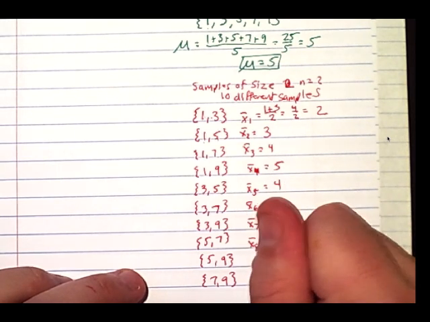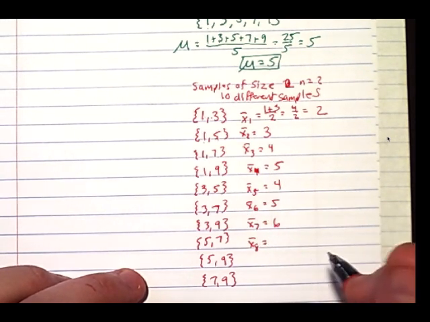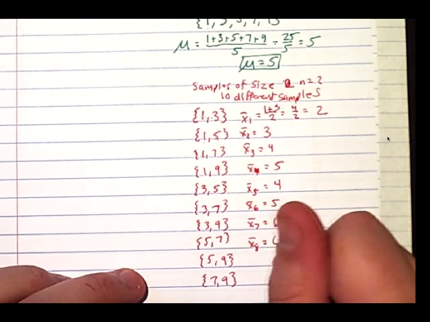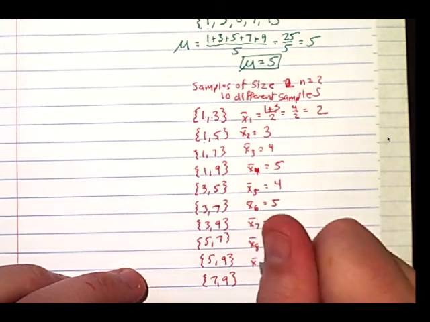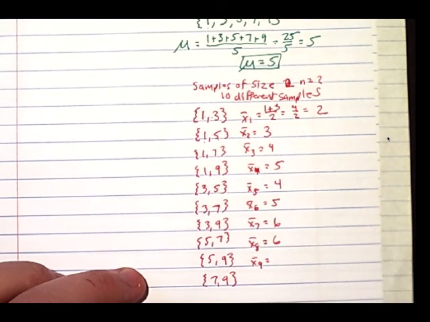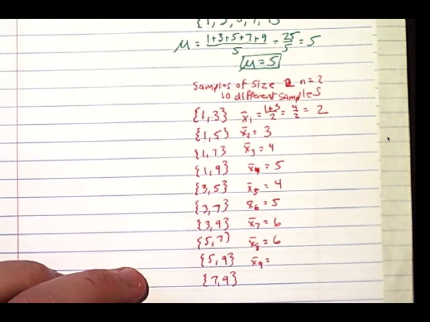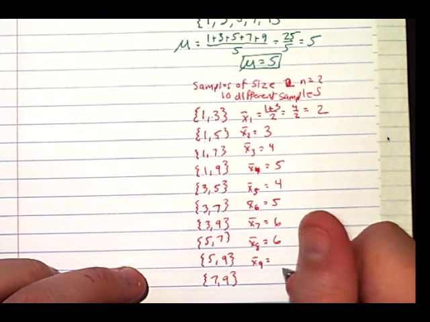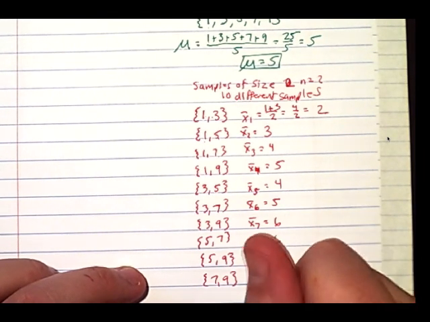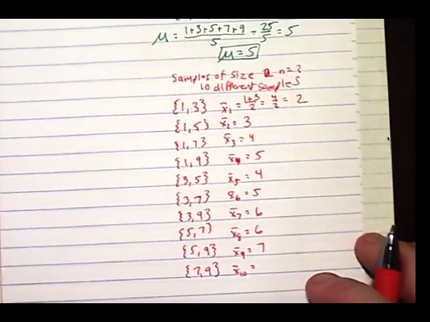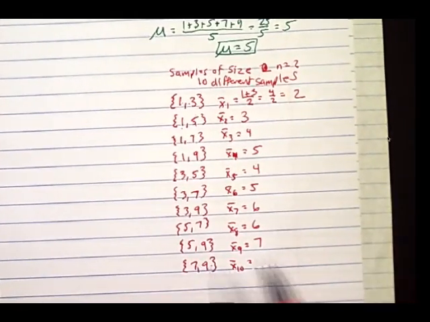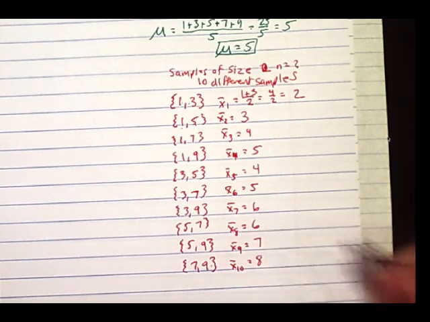X bar 8, 5 plus 7 is 12, divided by 2 is 6. X bar 9, 5 plus 9 is 14, and 14 divided by 2 is 7. X bar 10, 7 plus 9 is 16, divided by 2 is 8.